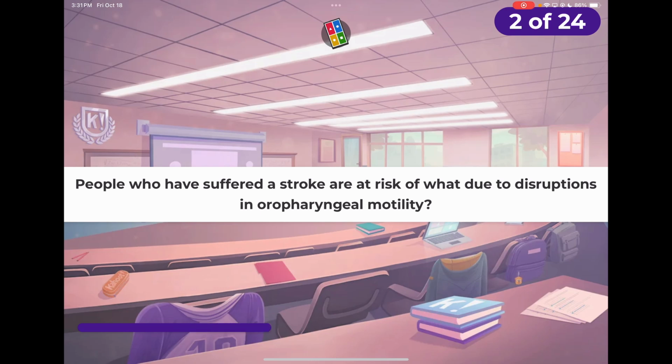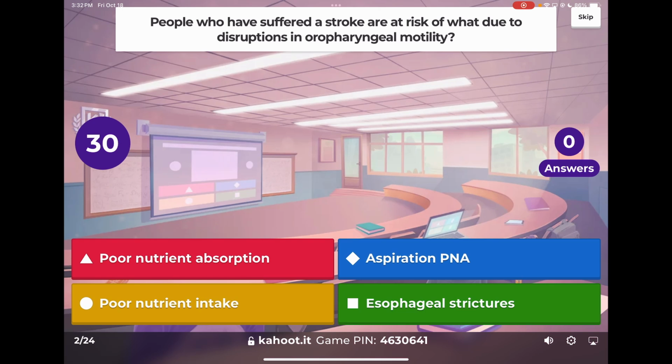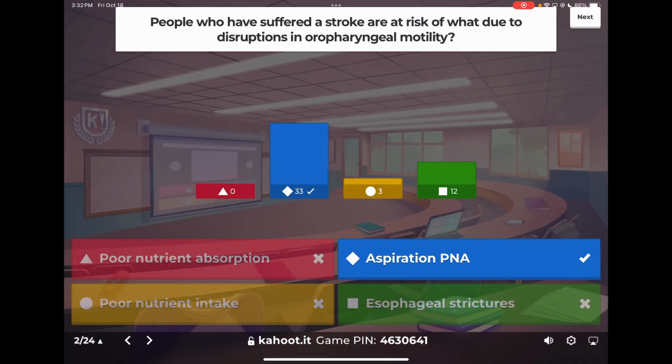People who have suffered a stroke are at risk of what due to problems with their oropharyngeal motility? Okay, aspiration pneumonia.